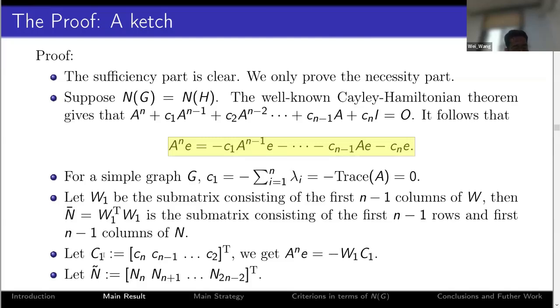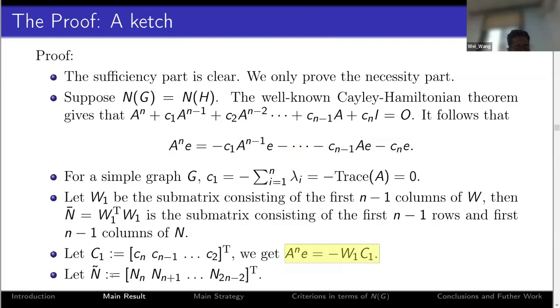We write the subscript 1 to be c_{n-1} up to c_1. So it's a column vector of length n minus 1. Here c_{n-1} and so on are the coefficients of the characteristic polynomial. So using this notation, this formula can be written this way. We can obtain this equation.